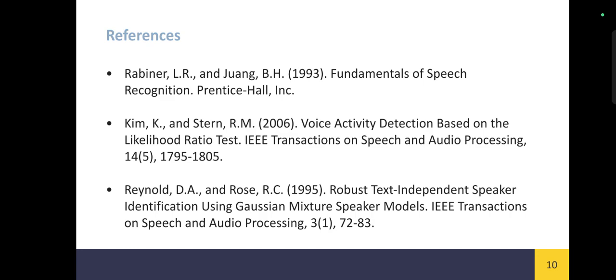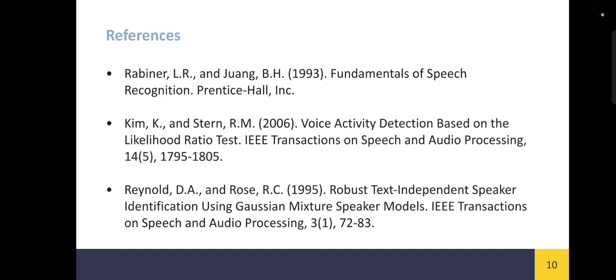Kim K. and Stern RM, 2006, Voice activity detection based on the likelihood ratio test, IEEE Transactions on Speech and Audio Processing 14(5), 1795 to 1805.